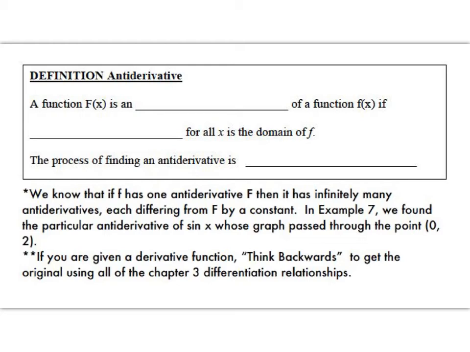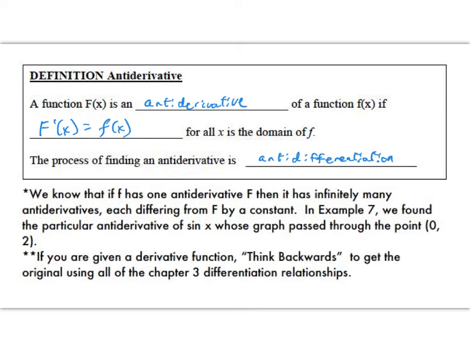A function big F of x is called an antiderivative of a function little f if big F prime is equal to little f for all of the domain of f. And $15 word alert. The process of finding an antiderivative is called anti-differentiation.